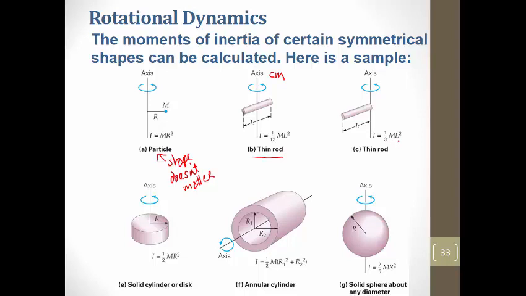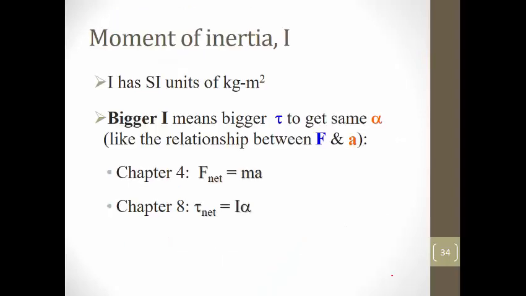And we can use this equation. A disk, so something like a pulley, 1/2 mr squared, where m is the mass and r is the radius. A hollow cylinder and a solid sphere, 2/5 mr squared. And there's more, and the complete sheet will be attached to test 3 as part of our equation sheet. So moment of inertia has units of kilogram meter squared.